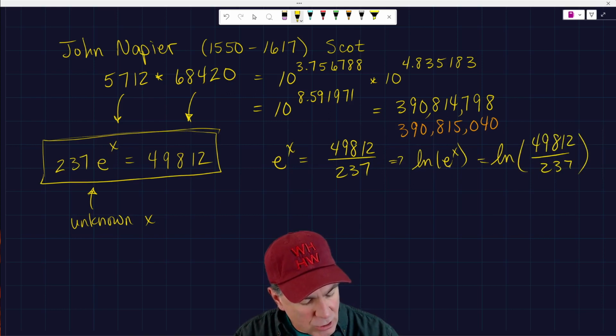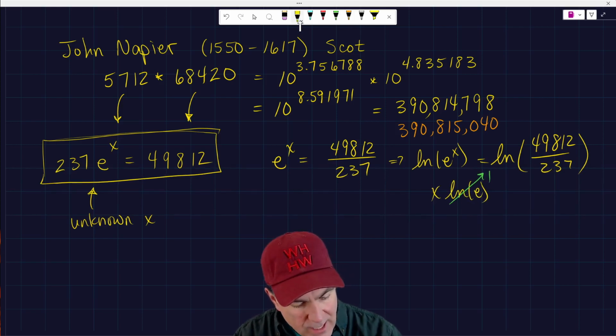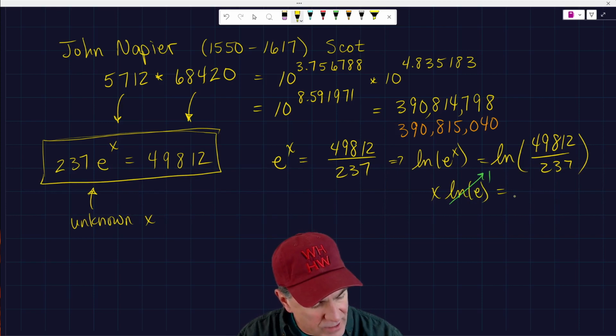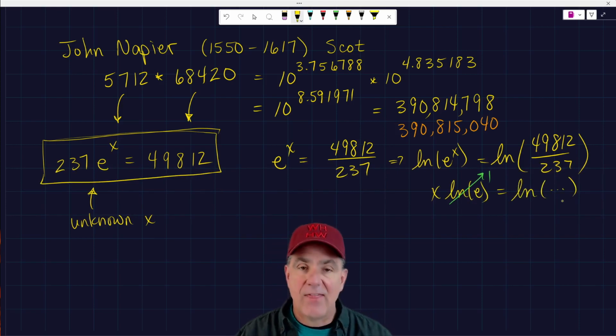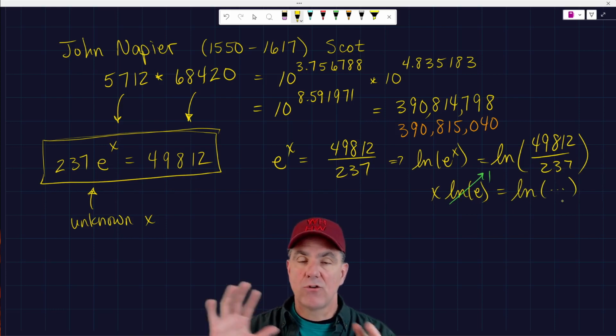And then, of course, the natural log of e to the x, that's x times the natural log of e, and that's equal to 1. And then that would be equal to whatever this number is. Natural log, I'm not going to write it out again, whatever it is. And that's the answer.